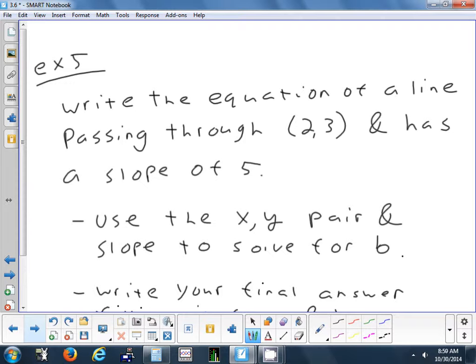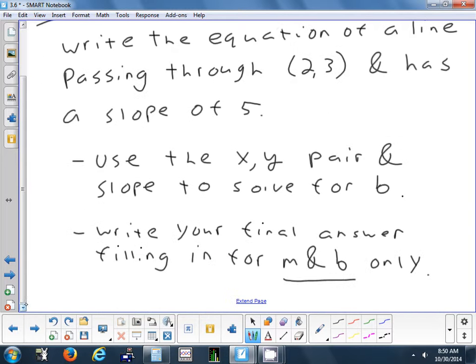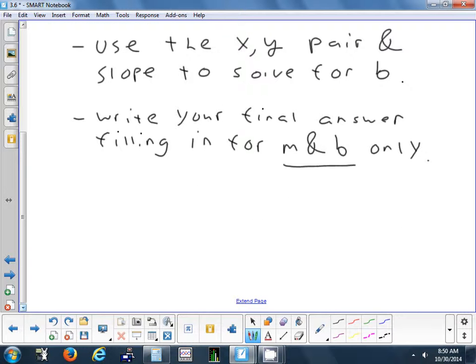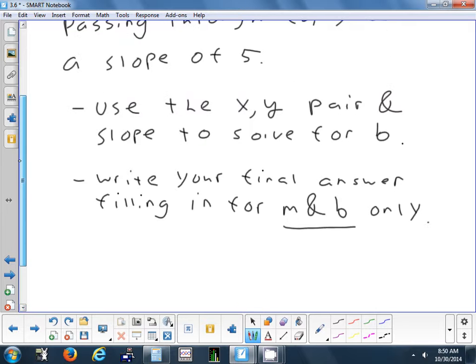If you want to write the equation of a line, the two things you really need are m and b. But using the coordinate they gave me, I can find b. Once we find b, then we can write our final answer, y equals mx plus b, just filling in the m and the b. What I like to do is usually make a table to organize everything I know.